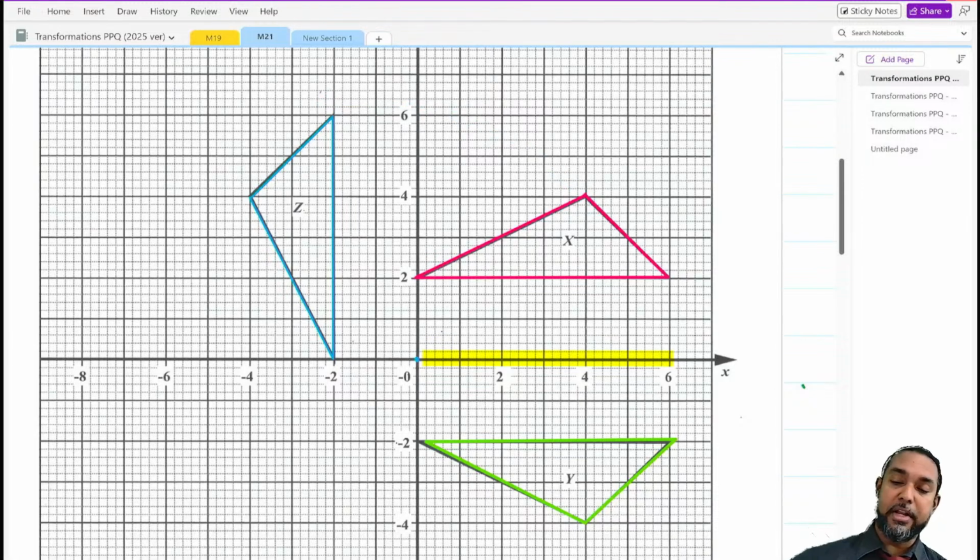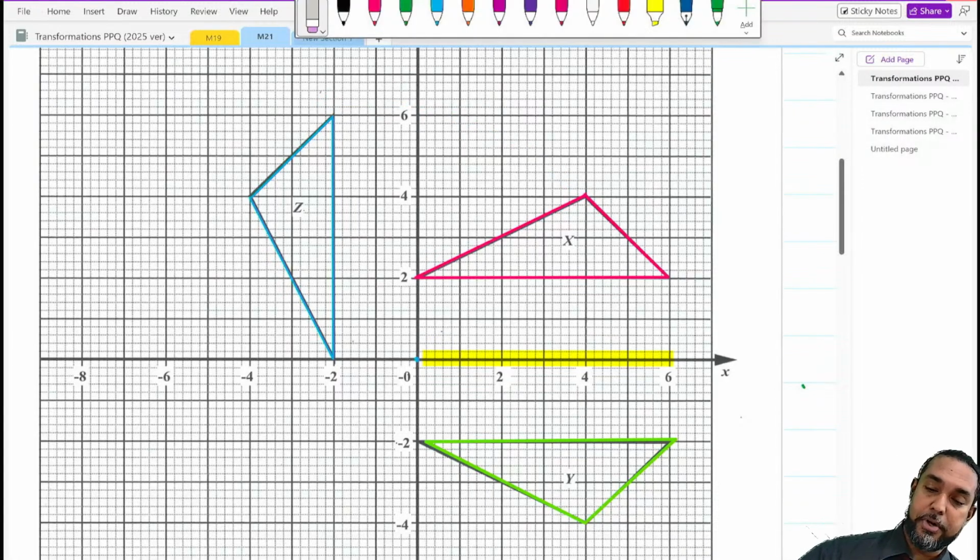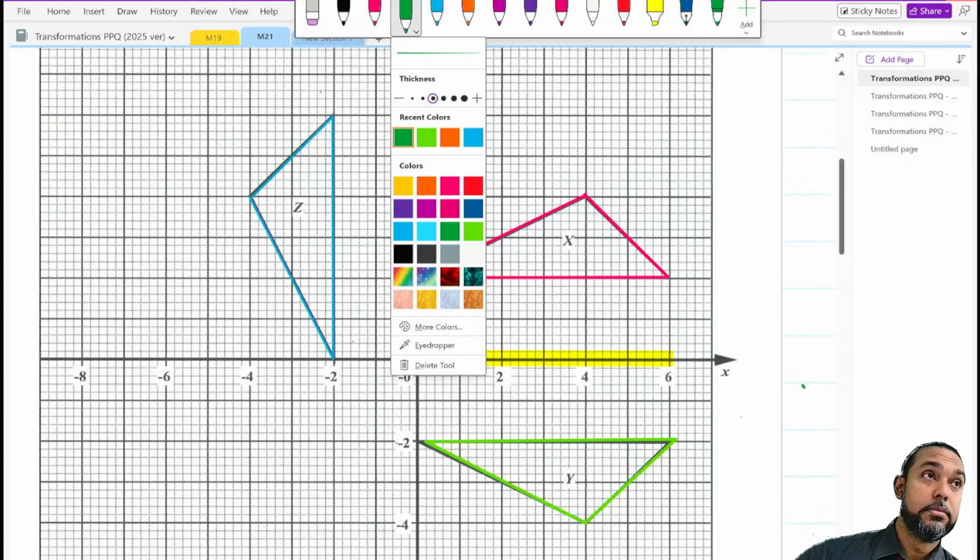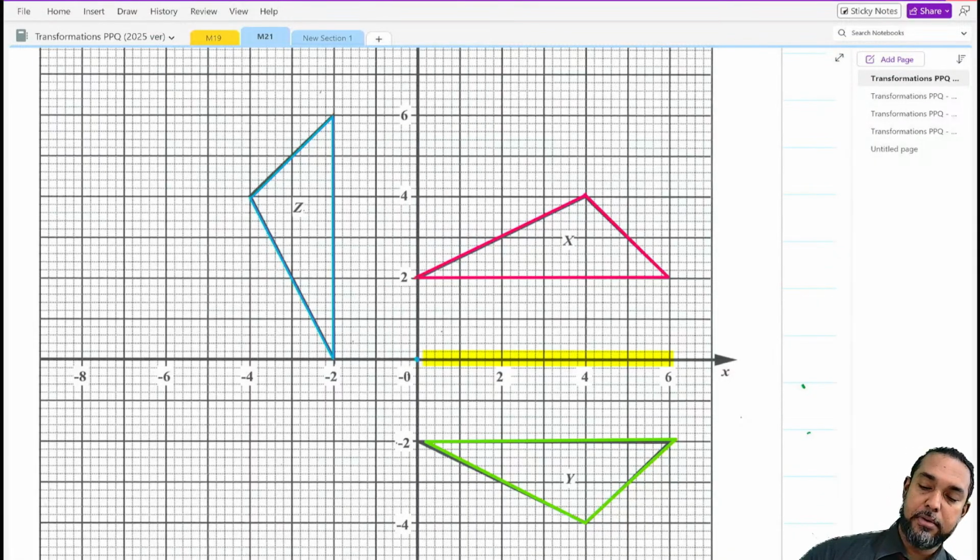The long way, and the way they would probably want you to do it, is as follows. You'd have to draw a straight line joining the two corresponding points, and then find the perpendicular bisector of said line. Actually, I should put that in like a broken line.